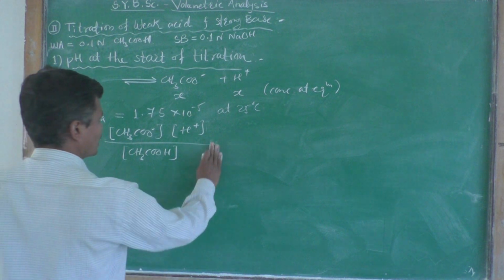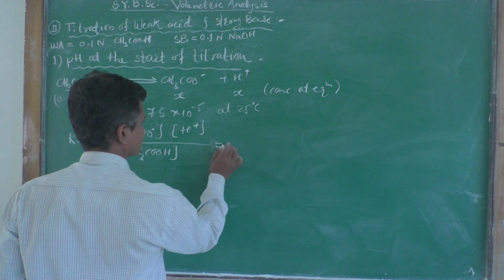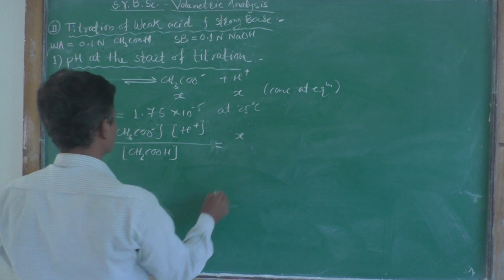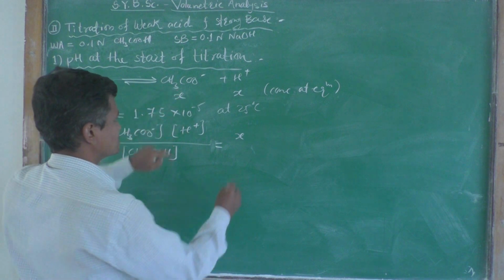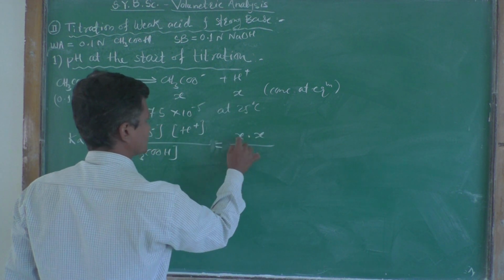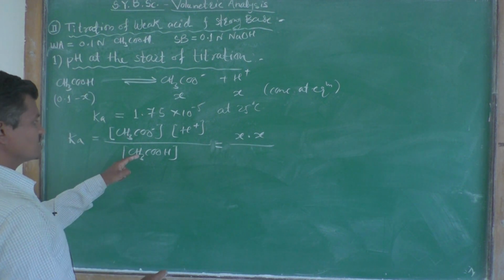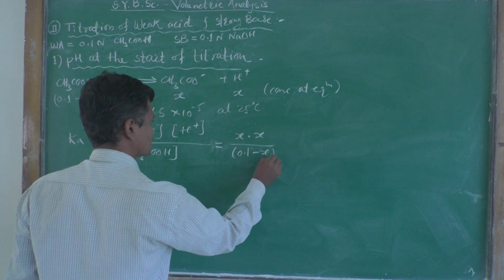The concentration of acetate ion is X, and the concentration of H plus is again X, so it is X into X divided by 0.1 minus X.